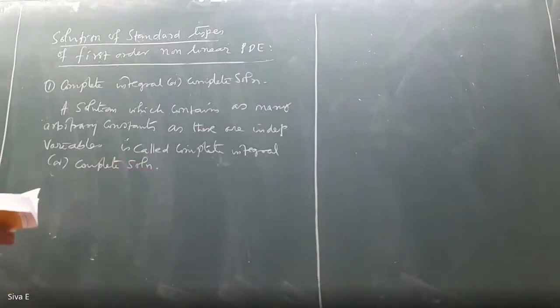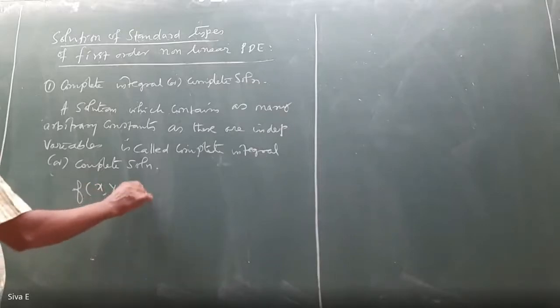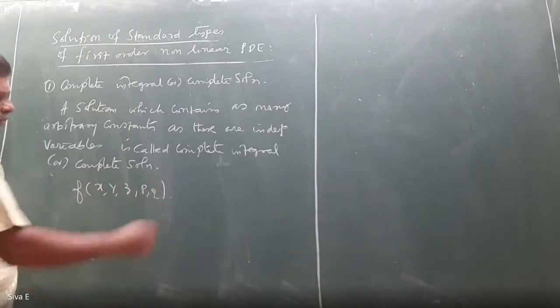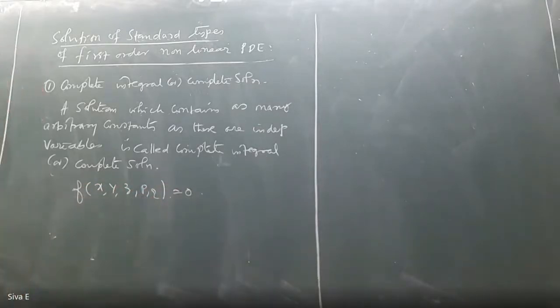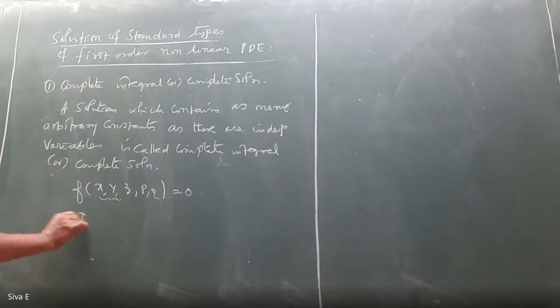For example, in case the PDE is given by f(x, y, z, p, q) equal to 0, this is a first order PDE. Here how many independent variables are there? Two independent variables; z is the dependent variable on x and y. What is called the complete integral or complete solution?